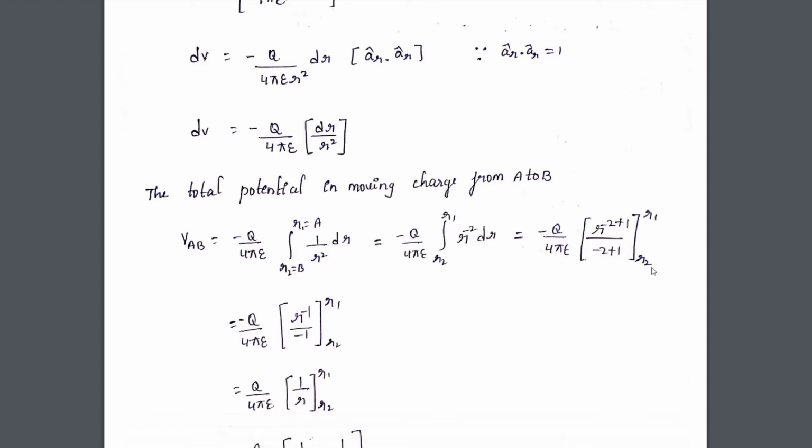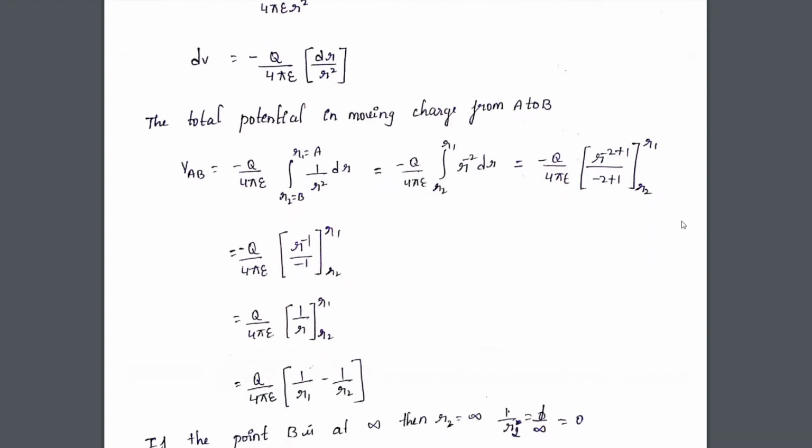Understood? So after calculating the differential potential, the total potential is obtained by integrating from A to B. That is limits A to B here, but since you have a negative sign, you need to reverse and integrate. B distance is R2, A distance is taken as R1. You know how to do normal integration. First you should shift 1 by r square to the numerator, so it becomes r power minus 2.